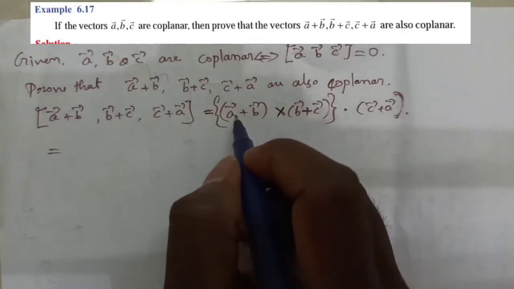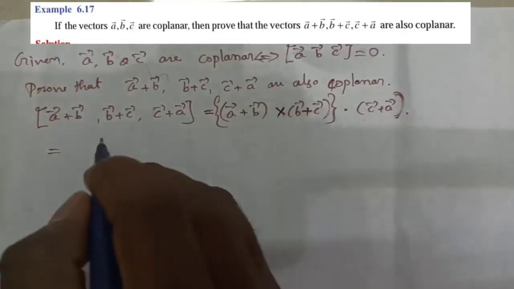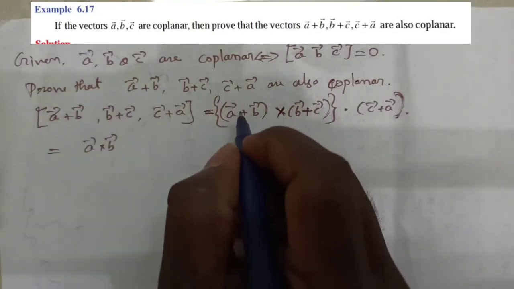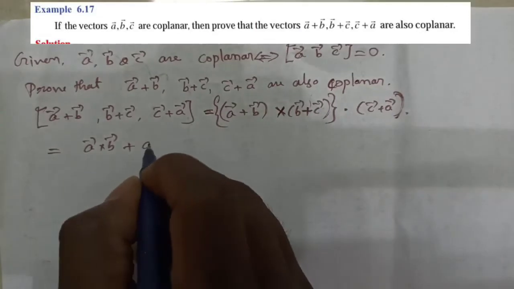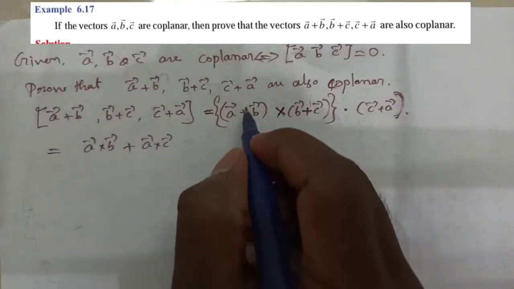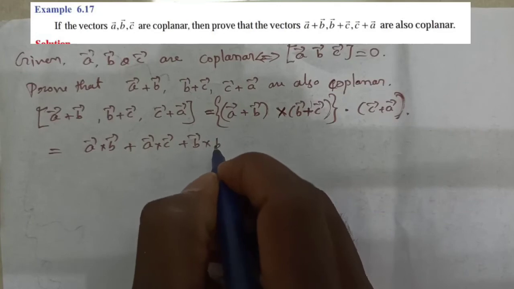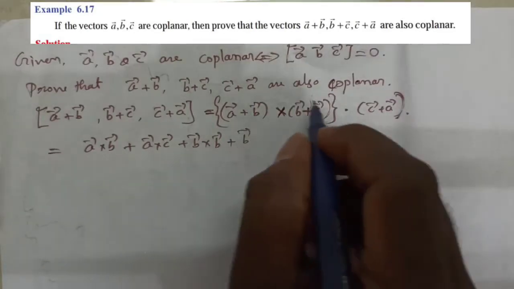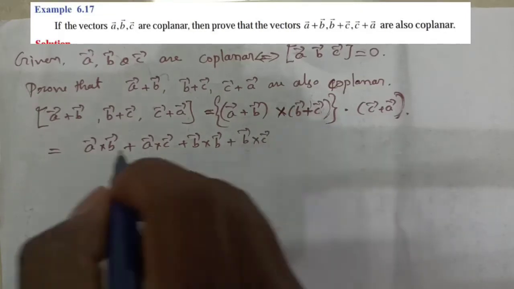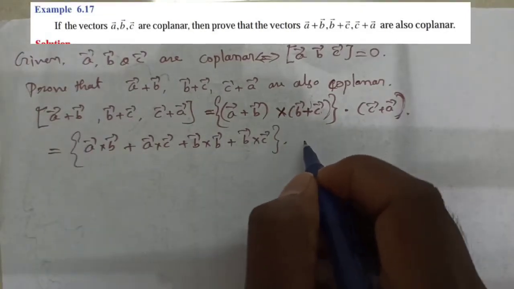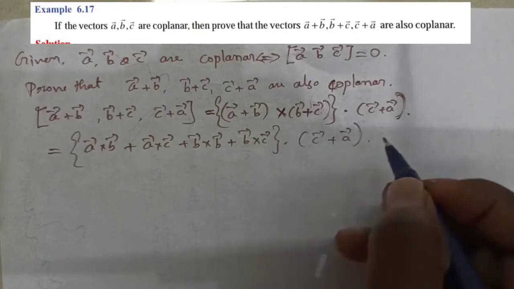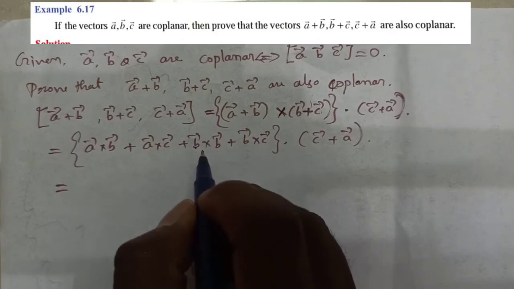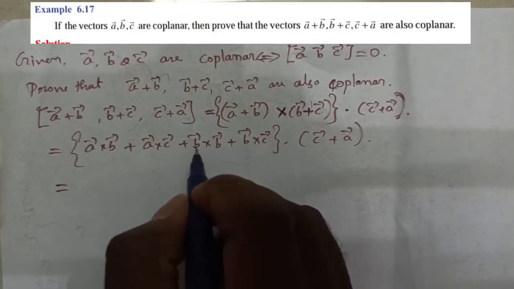So let me take the cross product for every element: A vector cross A vector, plus A vector cross C vector, and B vector cross B vector, plus B vector cross C vector, dot C vector plus A vector. Here B vector cross B vector: the cross product of the same vector is equal to 0.